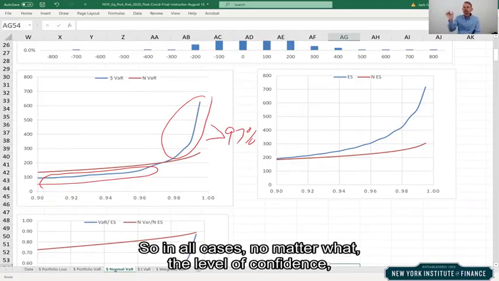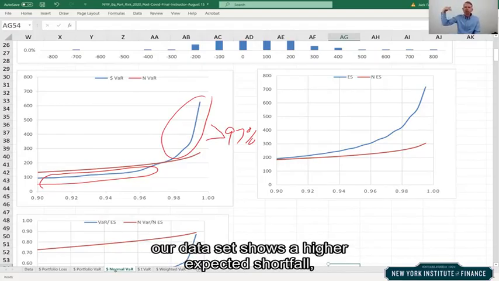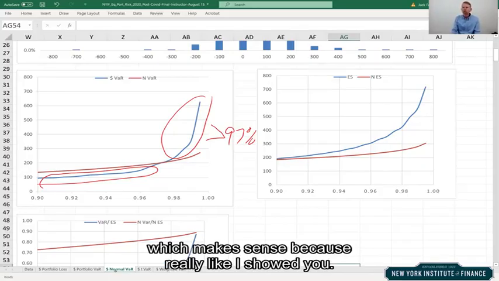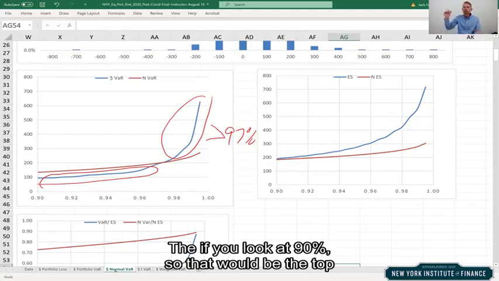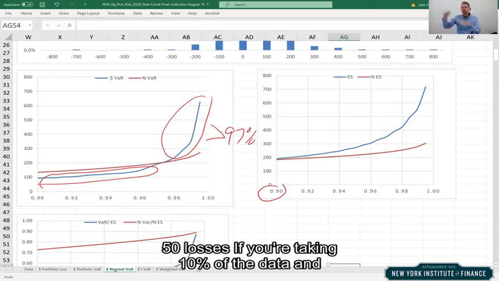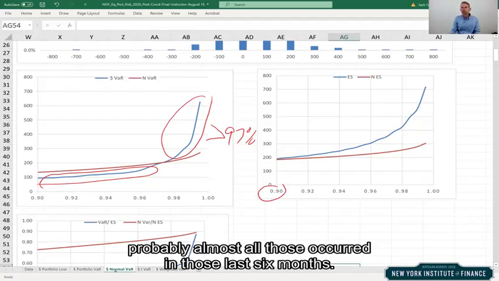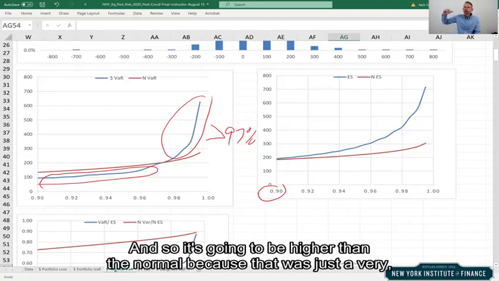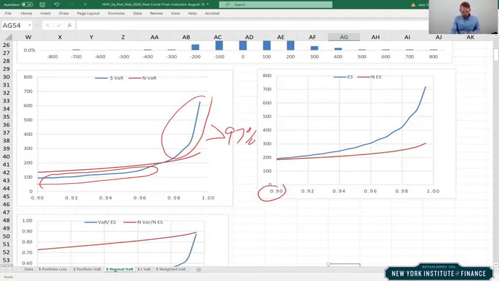So in all cases, no matter what the level of confidence, our data set shows a higher expected shortfall, which makes sense, because really, like I showed you, if you look at 90%, that would be the top 50 losses, because you're taking 10% of the data, and probably almost all of those occurred in those last 6 months. And so it's going to be higher than normal, because that was just a very, very volatile period. Okay.